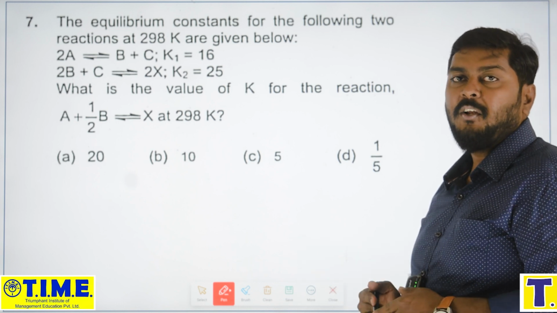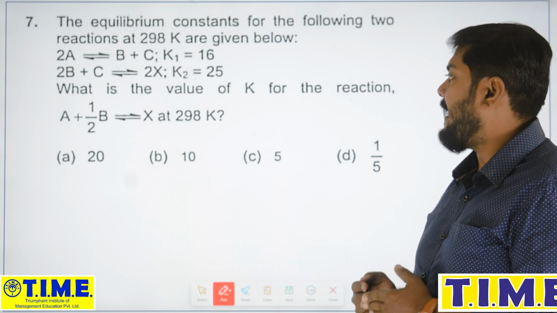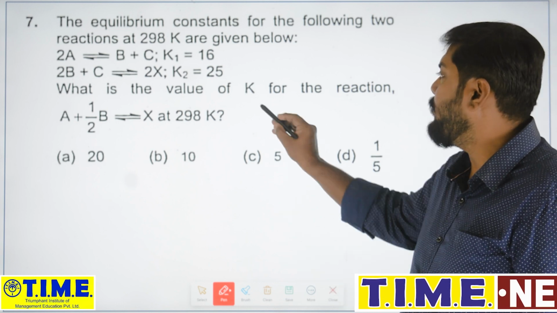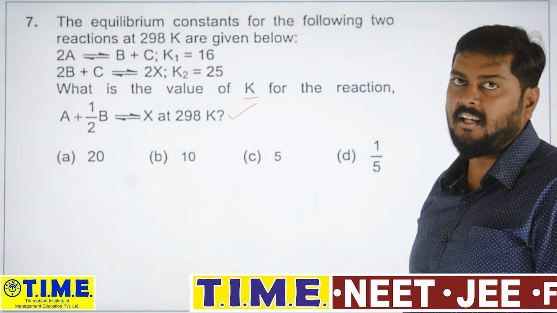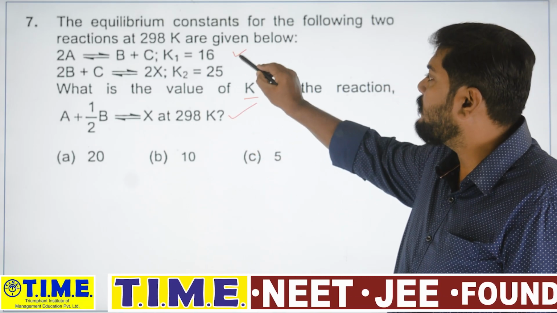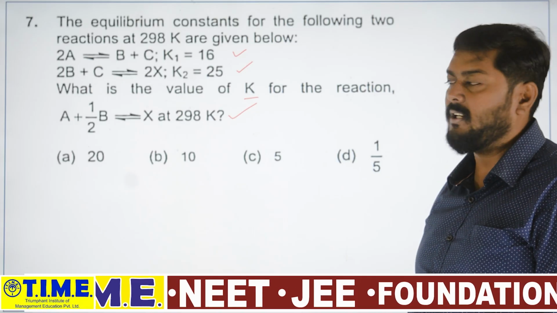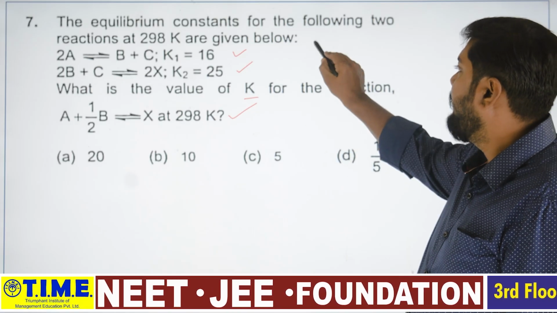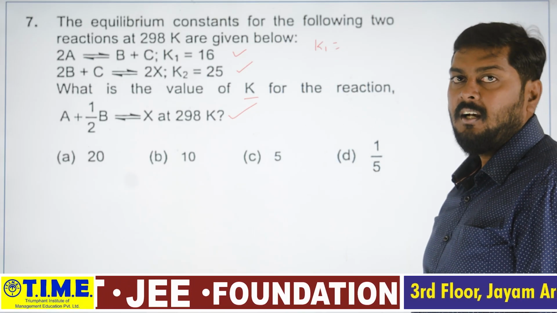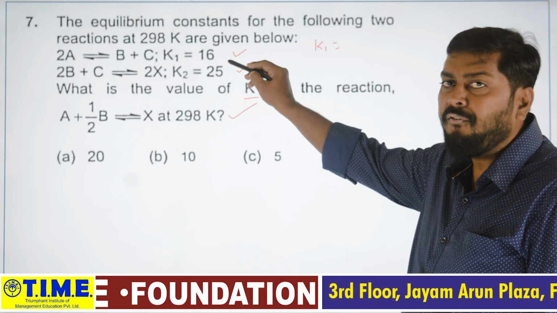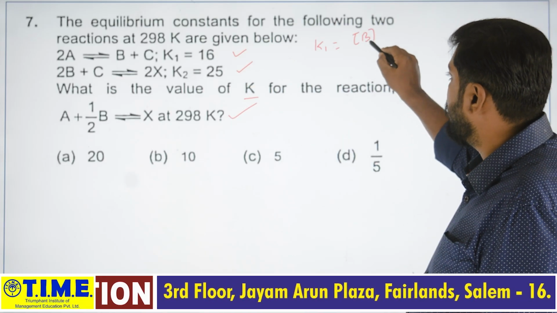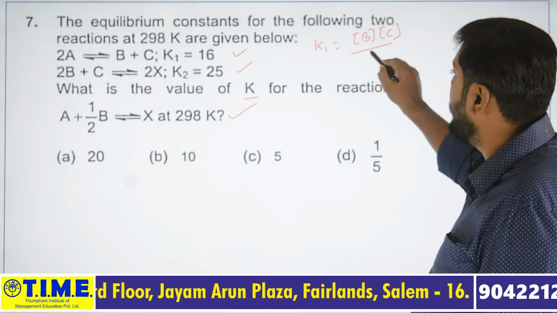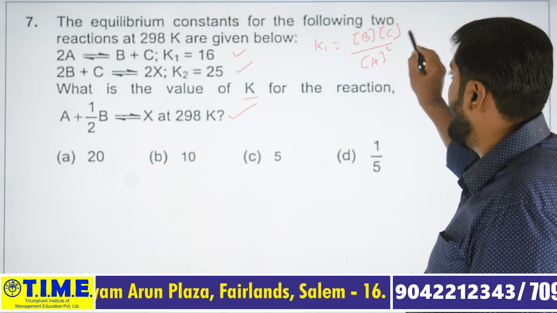So it is from the unit equilibrium and we are asked to calculate the value of K for this reaction. We are provided with two equations, K1 and K2. First we will write K1. So we will write Kc for the first equation. K1 is equal to the concentration of your product divided by the concentration of your reactant, right?